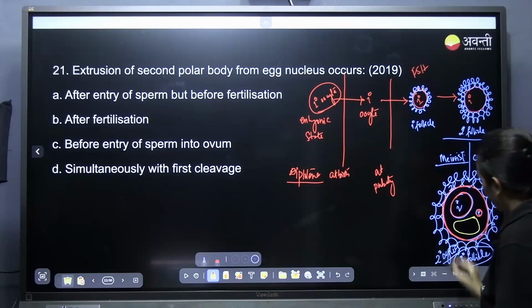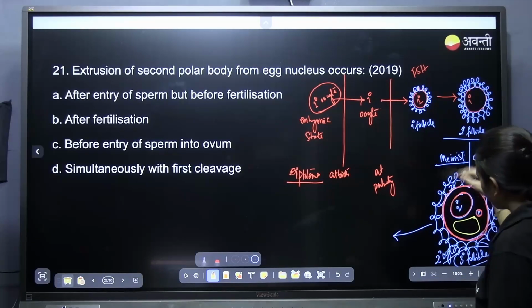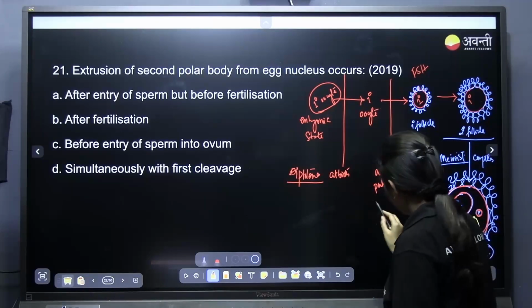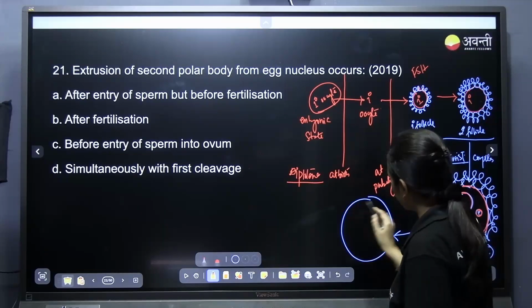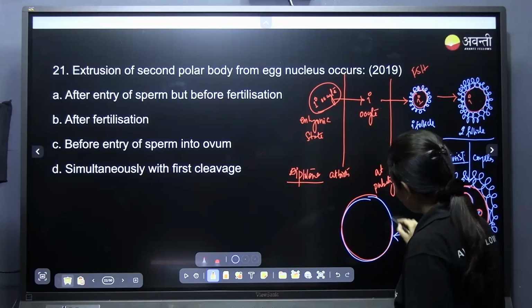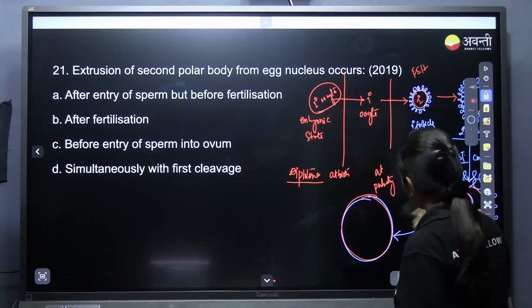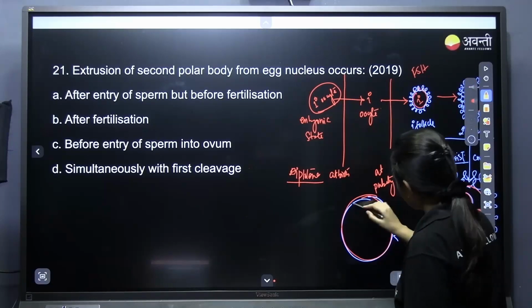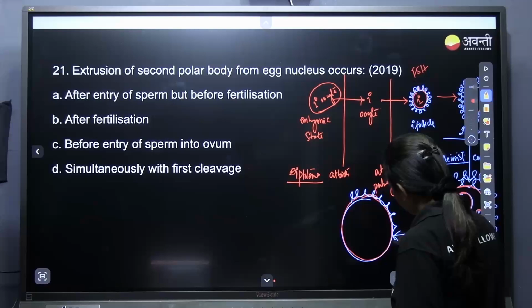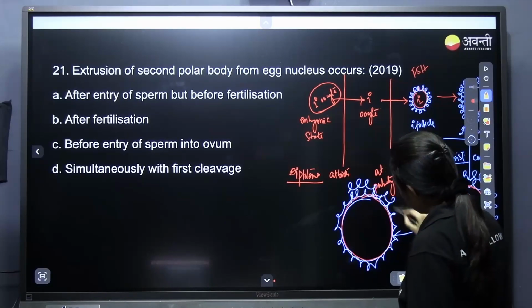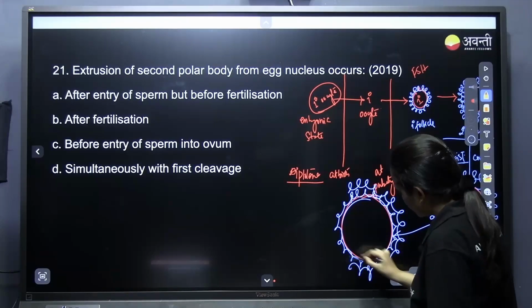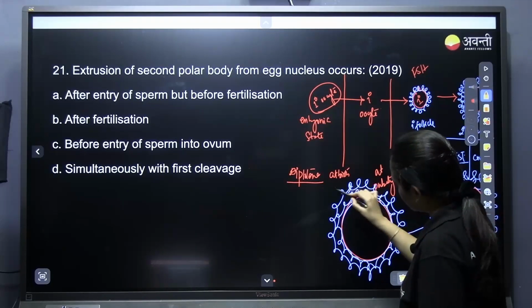Now again the granulosa cells go on adding, in the Graafian follicle stage, with a lot of layers.